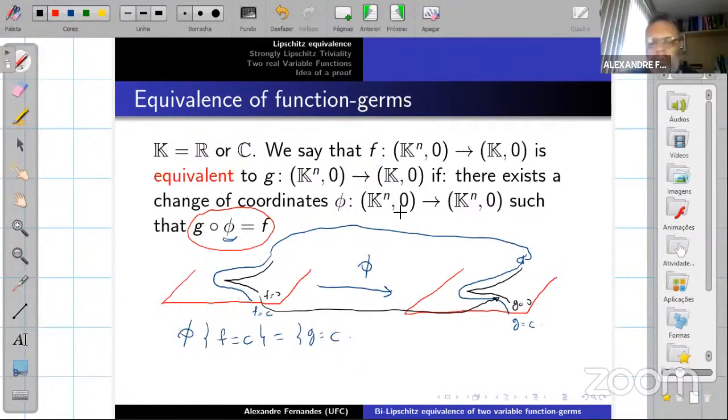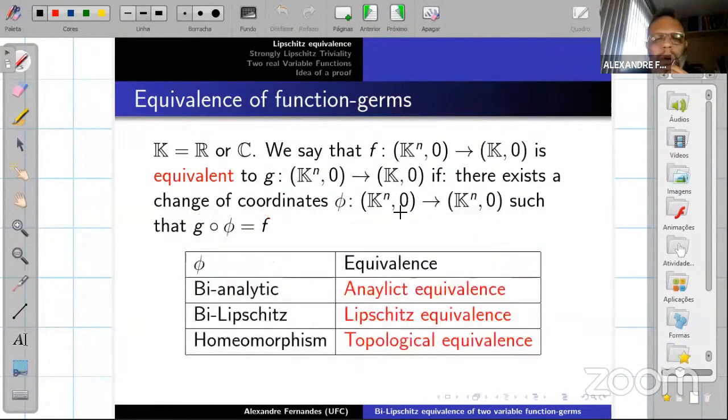We see different kinds of equivalence you have when you change the regularity of phi.